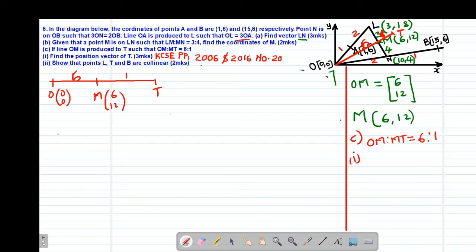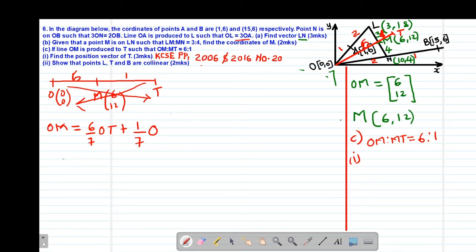So if I apply the ratio theorem, if I take the coordinates of M, which can be written as OM, it should give me 6 divided by the total ratio, multiplied with the opposite coordinate, which is the coordinate for T, written as OT. Then we add 1 divided by the total ratio, 7, multiplied with the opposite coordinate, which of course is 0, 0.